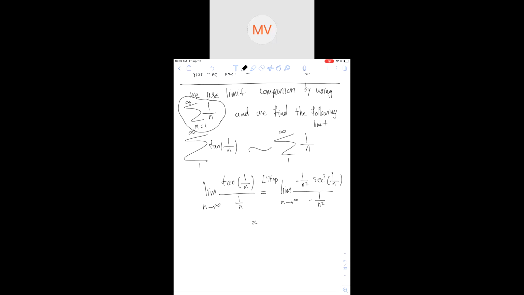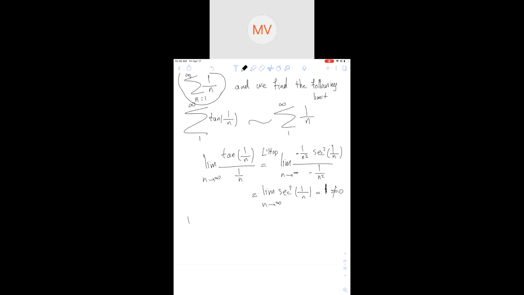So as you can see, you have cancellations. The whole thing is secant squared of 1 over n. As n approaches infinity, 1 over n is 0. Secant of 0 is 1. So it is indeed non-zero. Therefore, the two series behave the same.